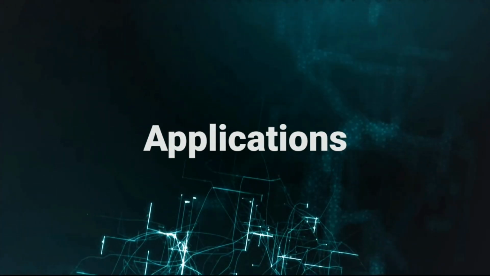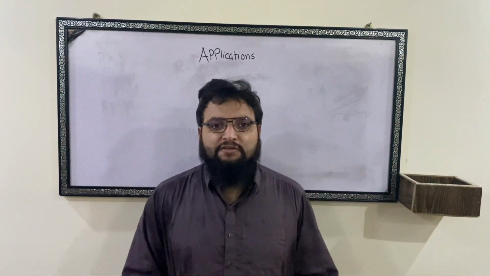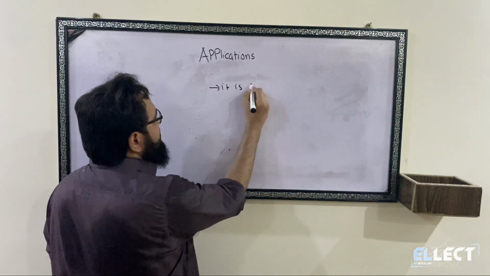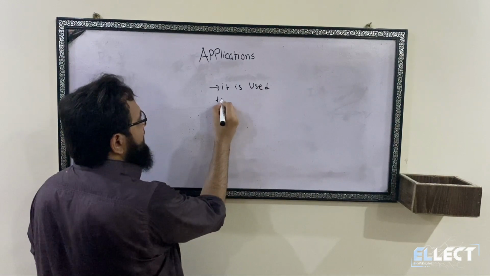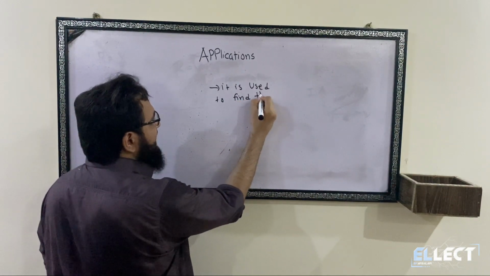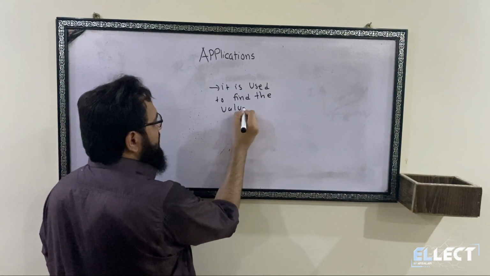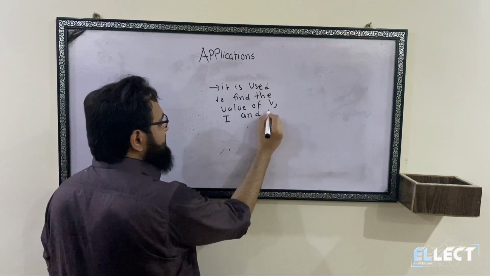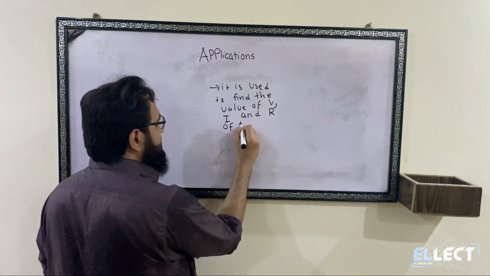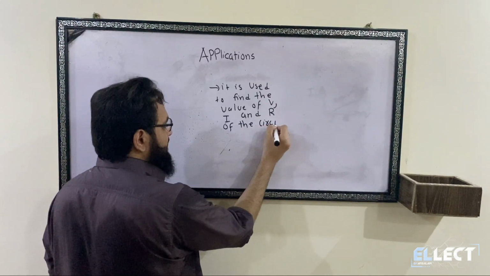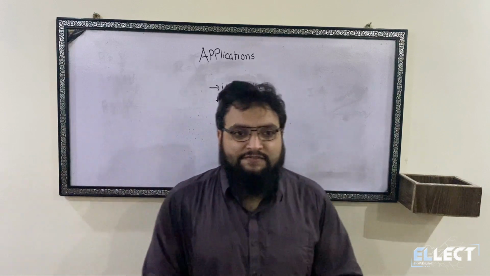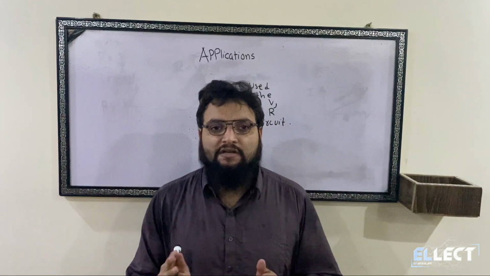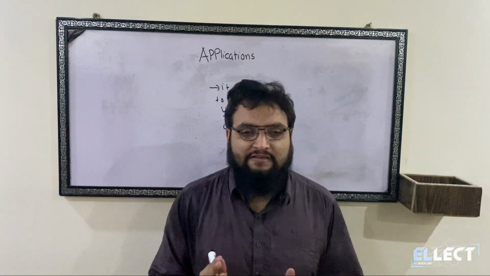Applications. The first application of Ohm's law is to find the value of voltage V, current I and resistance R of an electric circuit.